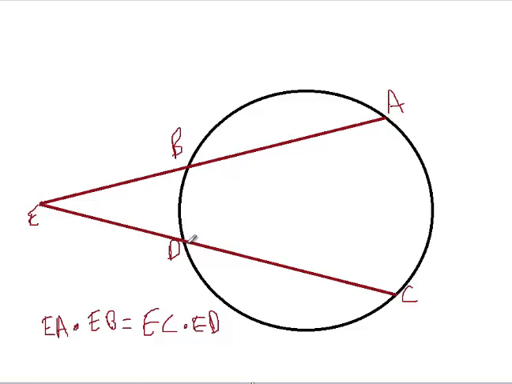The segment outside the circle multiplied by the entire secant is equal to the product of the part outside the circle times the entire secant over here.